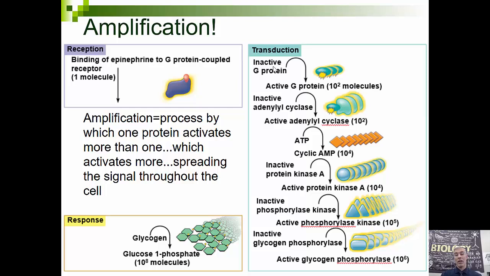And each of those cyclic AMPs goes and activates one protein kinase A. And each of those protein kinase A's phosphorylates 10 phosphorylase kinases. And each of those activates 10 glycogen phosphorylases. Then eventually at the end, it takes the glycogen and converts it into glucose 1-phosphate, which is our sugar molecules. So we start with one epinephrine or adrenaline molecule binding to a receptor, and at the end of it, we've created 10 to the 8 individual glucose molecules through the process of amplification, which is the spreading of the signal throughout the cells.